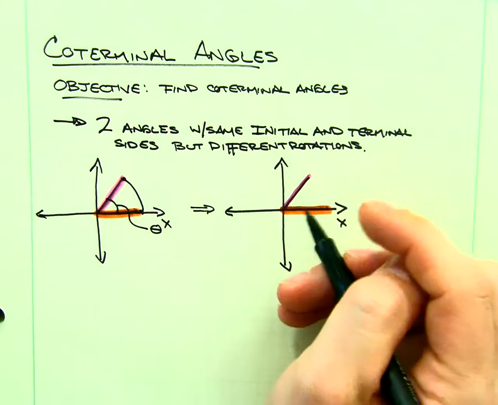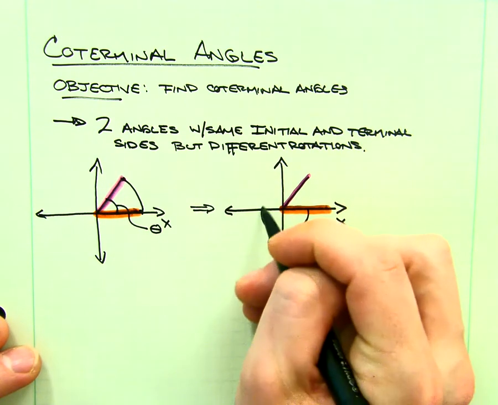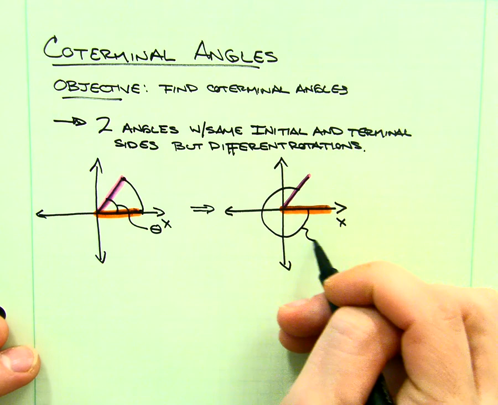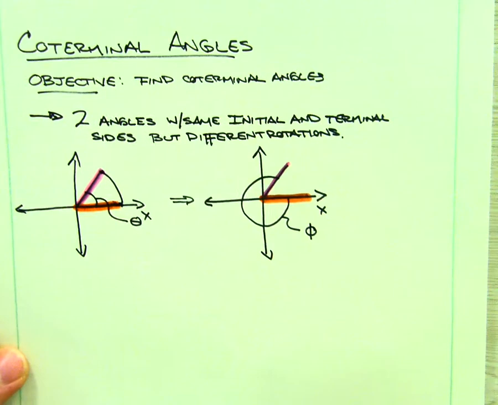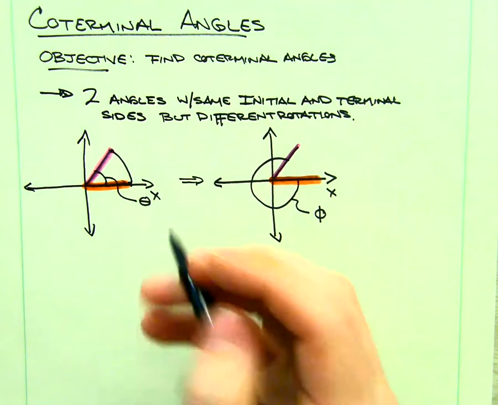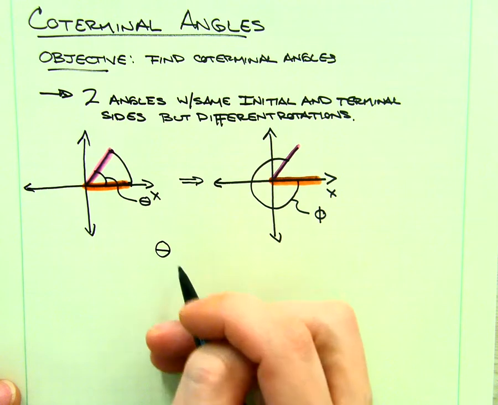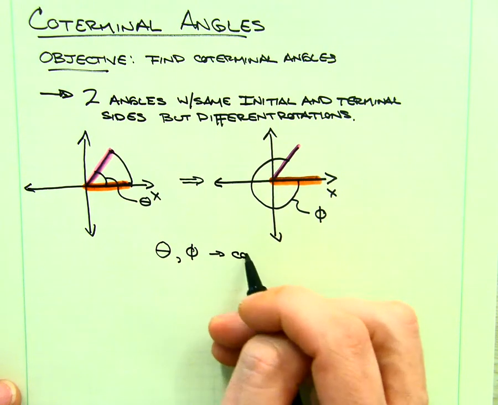But instead of going up in this direction, the positive direction, say I went in the negative direction, like this. Okay, and so instead of theta, say I called this one phi. This is the Greek letter phi, also commonly used to denote angles. So then I could say that theta and phi are coterminal angles.